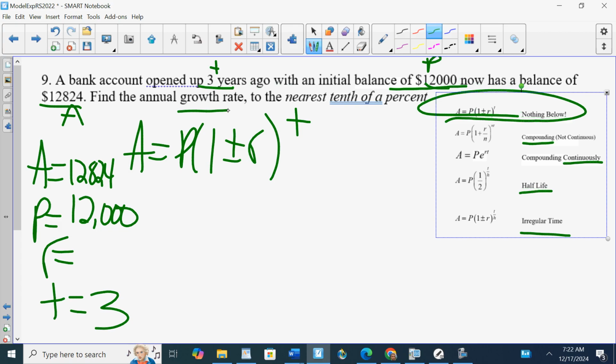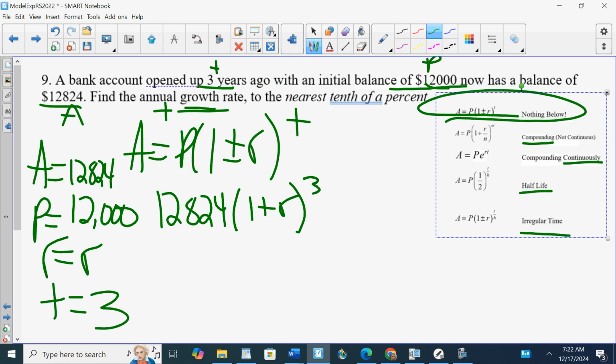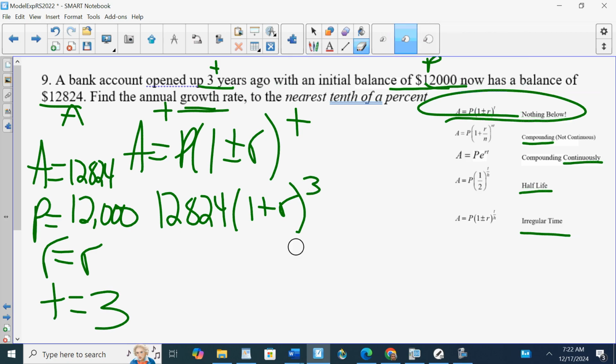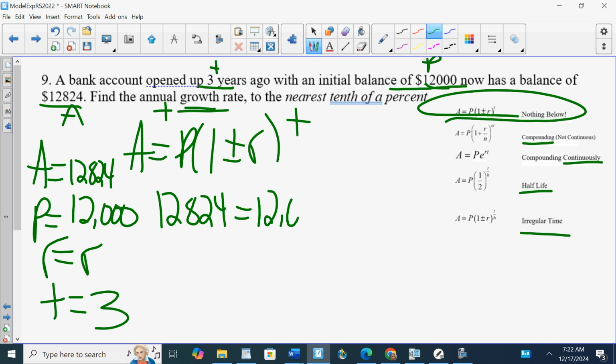Find the rate. Okay, so I'm going to substitute my values in. 12,824. It's growth, so that means plus, 1 plus R to the power of 3. Oops, I messed something up there. A equals 12,000 times 1 plus R to the power of 3.